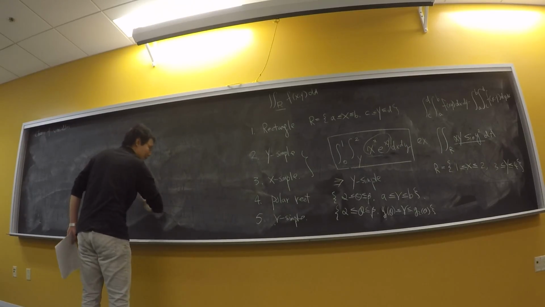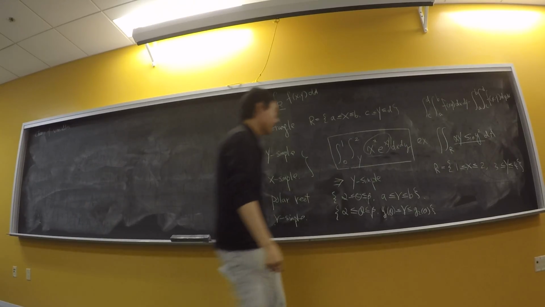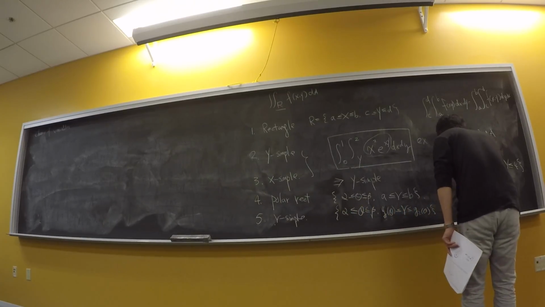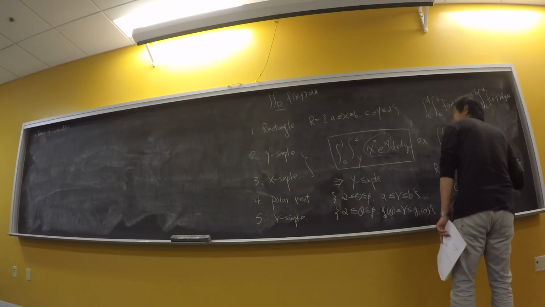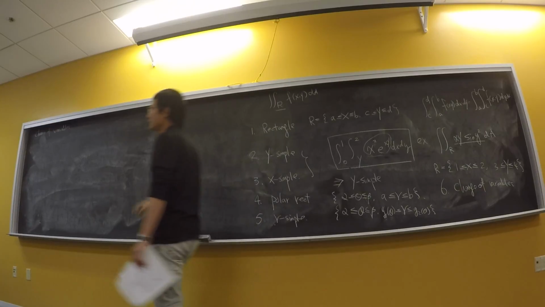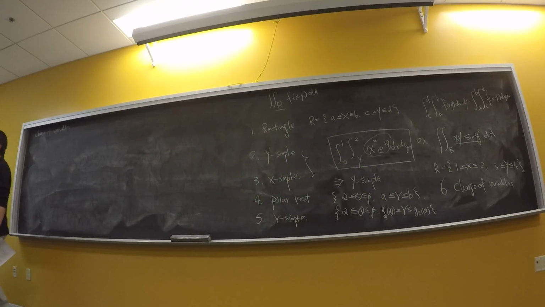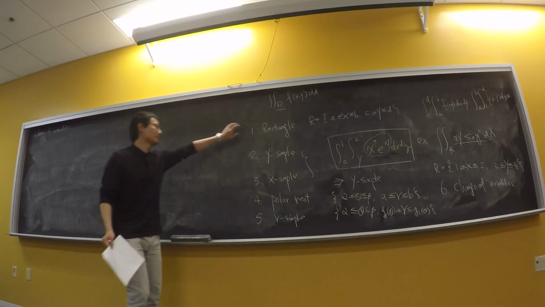But not only that, besides these 5 different types, we also introduced the other two, which is change of variables. So basically, about double integrals, we have 6 different methods to evaluate a given double integral. And these ones are pretty clear.